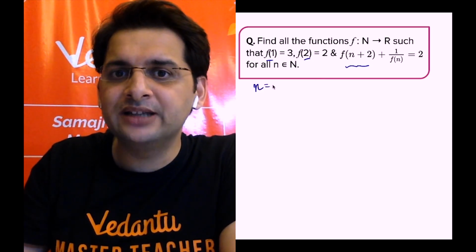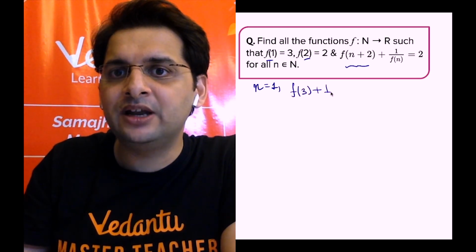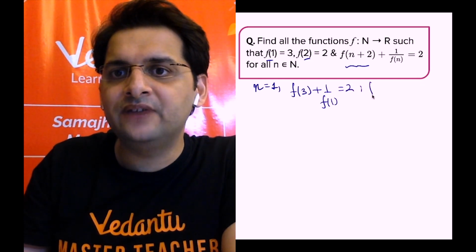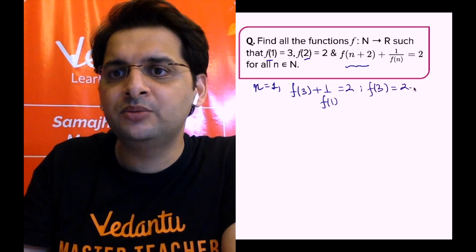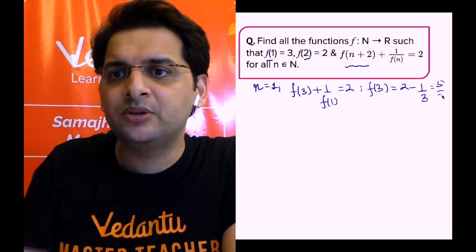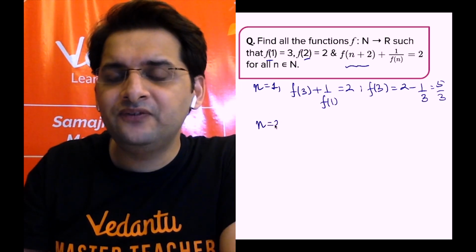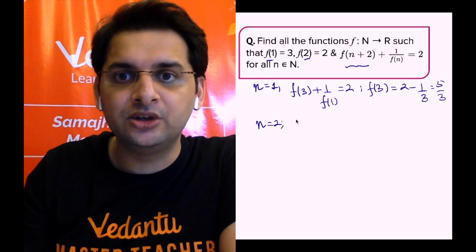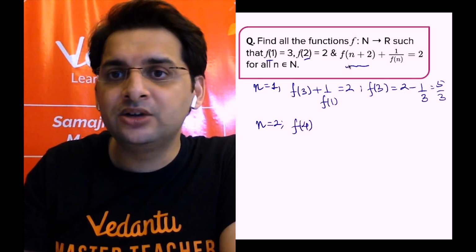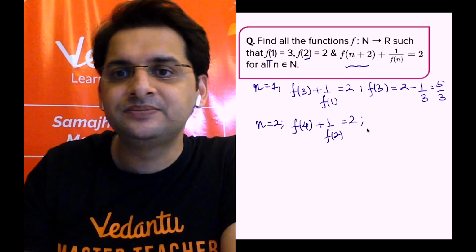If we put n equal to 1 here, f(3) + 1/f(1) is 2. So f(3) is 2 minus 1/f(1), and f(1) is 3, so this comes out to be 5/3. No big deal, right? Now put n equal to 2 and try to find f(4). So f(4) + 1/f(2) is giving me 2 as well.